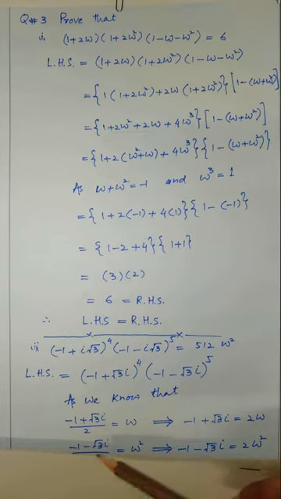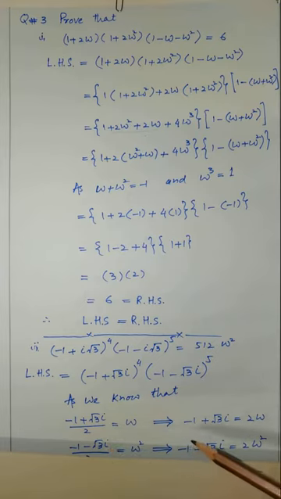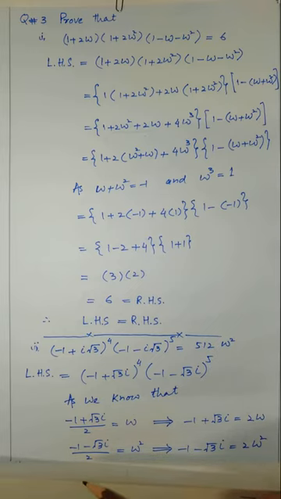So shift this 2 to the other side: minus 1 plus root 3 iota is equal to 2 omega, and (minus 1 minus root 3 iota) divided by 2 is equal to omega square. So this implies minus 1 minus root 3 iota is equal to 2 omega square.